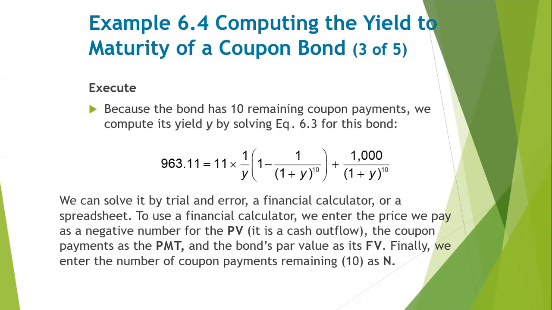To use a financial calculator, we enter the price we pay as a negative number for the PV, right? It is a cash flow. The coupon payments go in as PMT, and the bond's par value as its FV. Finally, we enter the number of coupon payments remaining, which is 10, as N, which is the number of periods.